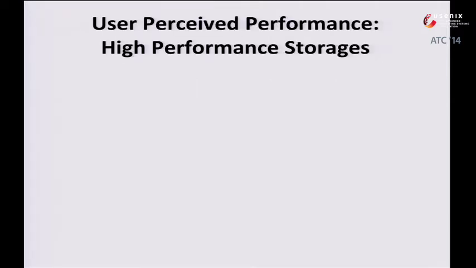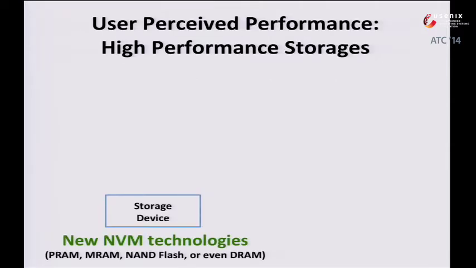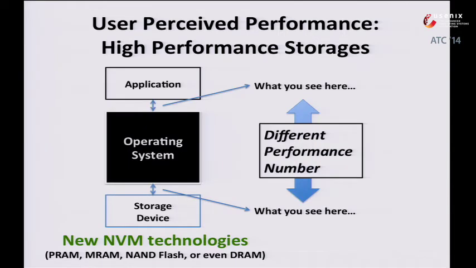Okay, so these days we are looking at new non-volatile memory technologies which are a lot faster than magnetic disks. They boost the performance of storage devices, showing remarkable performance numbers. However, once we get these technologies online, we soon notice a different performance number at the application level, which is much less.